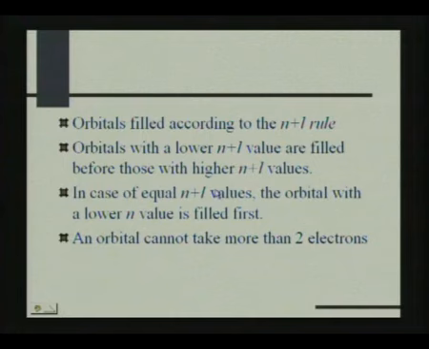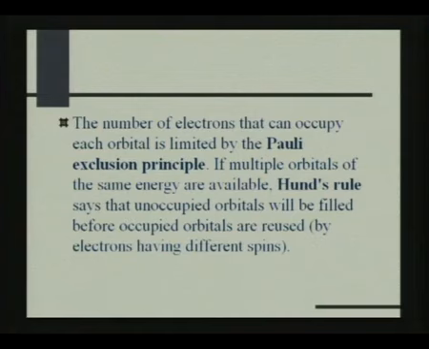Also you must remember that an orbital cannot take more than 2 electrons. The number of electrons that can occupy each orbital is limited by Pauli's exclusion principle. What does Pauli's exclusion principle state? That no 2 electrons can have all 4 quantum numbers the same. What are the quantum numbers?